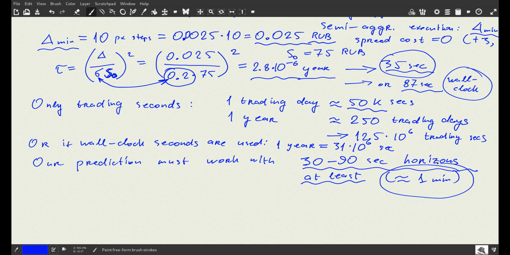I want to ask a question. In the market, how frequent does the price update? Is it continuous, or can you see it from your data?